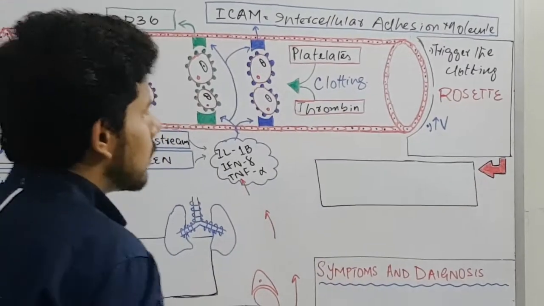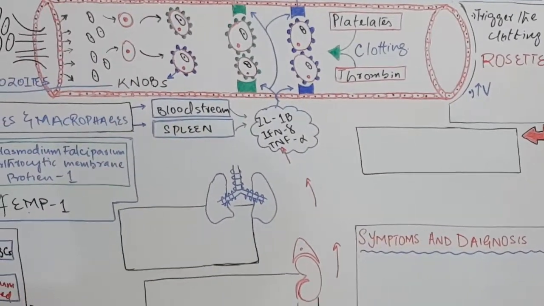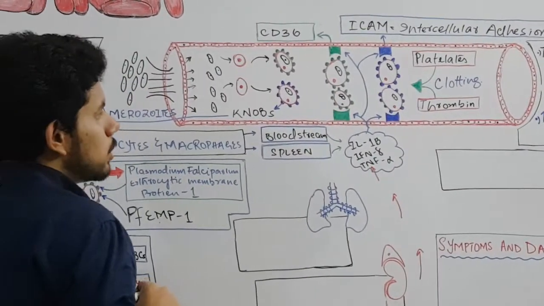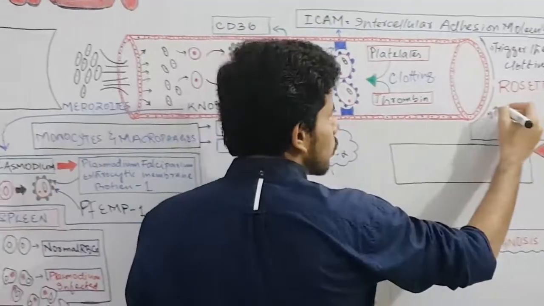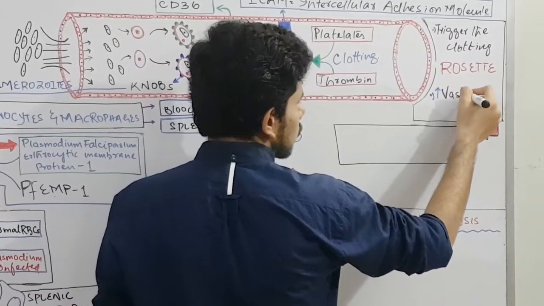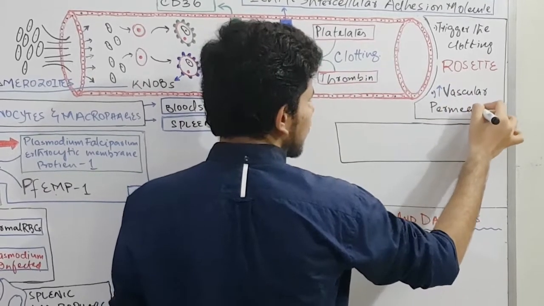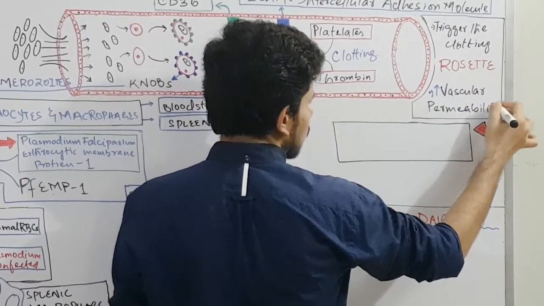So what does this rosette cause? This rosette restricts the blood from entering into the tissue. So it increases the vascular permeability. What is this vascular permeability?